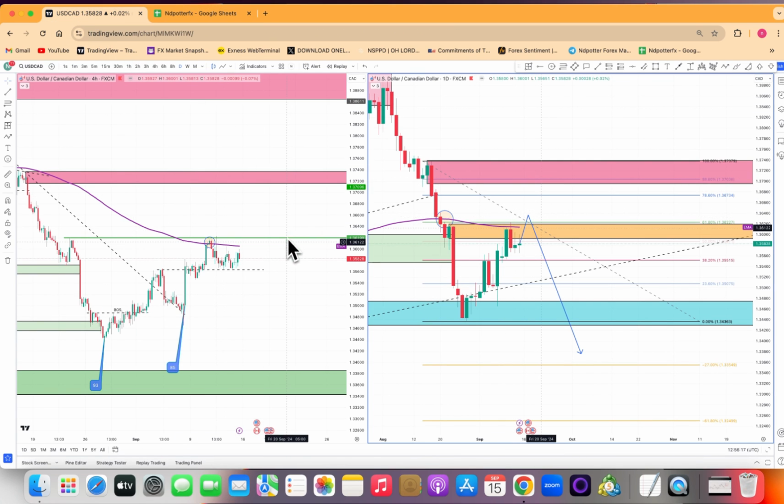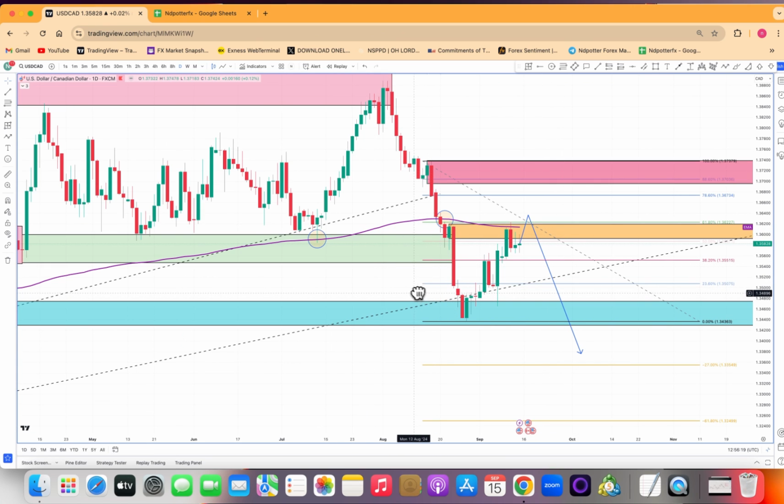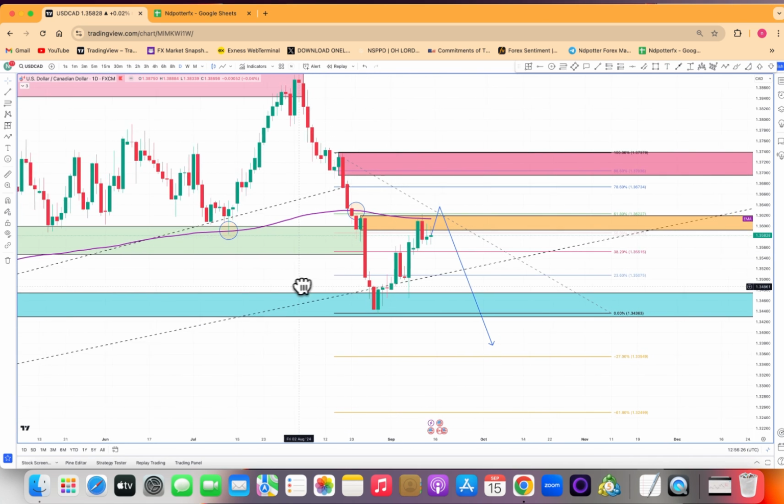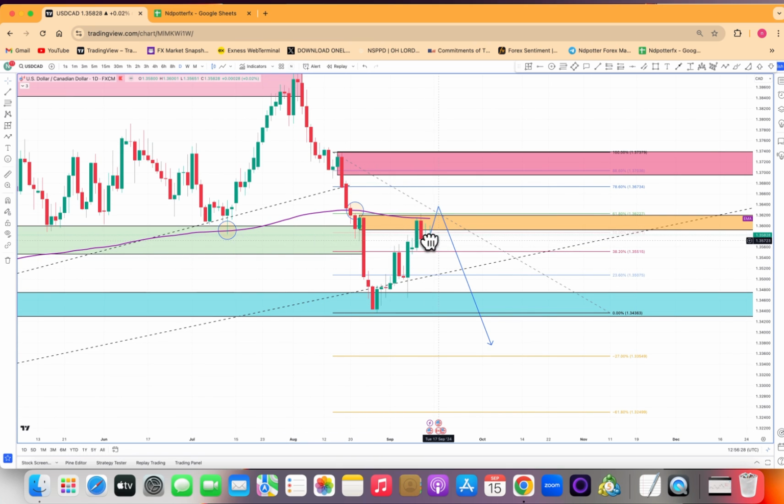My game plan here is, okay, I know that these people submit this data on Tuesday. So Monday, I'm not interested in trading. Why I'm not interested in trading is that the Monday candle can be a bullish candle. So what I'm actually going to do is to wait. The Monday candle might be a bullish candle, a struggling candle like this.